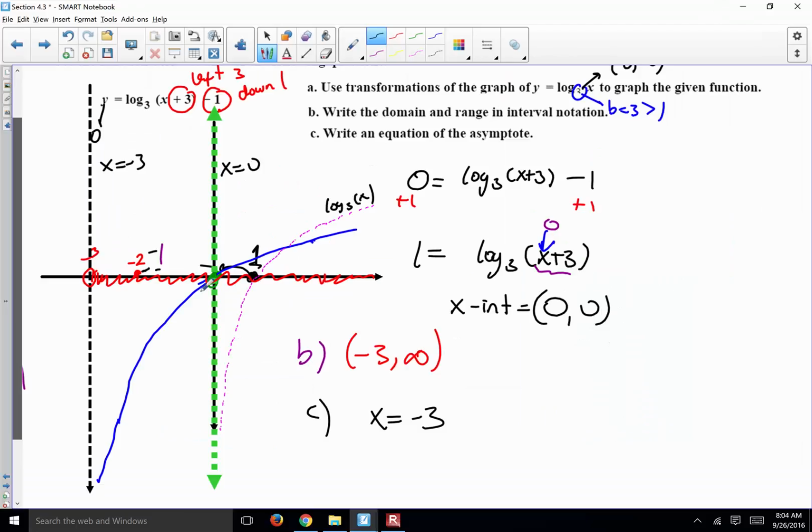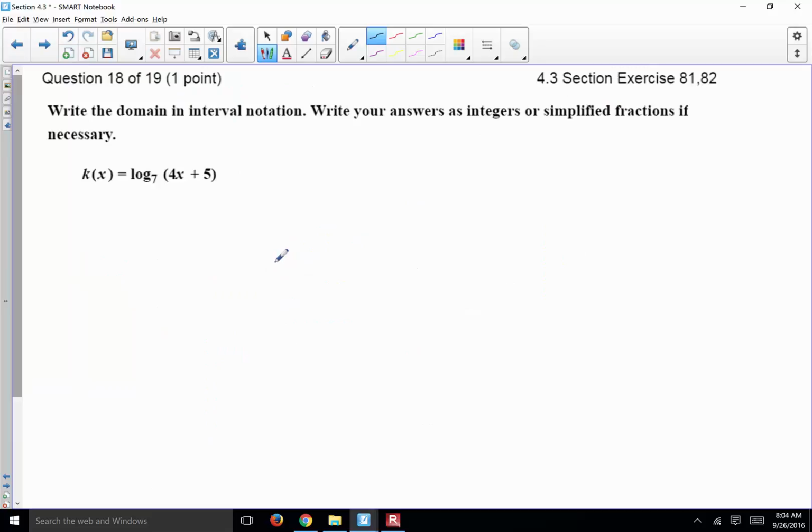Okay. The next question is finding the domain. I want you to still find the domain, but this time please do not waste time shifting this right, left, or stretching, even though there are shifts and stretches going on here. You don't have to. Can you directly find the domain from the expression?